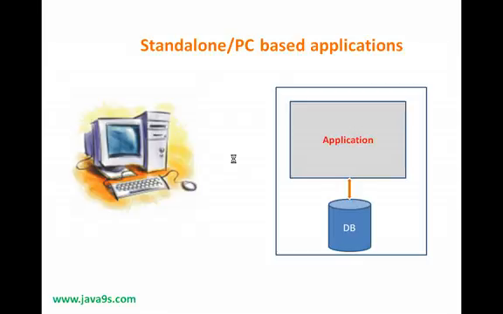But if you consider supermarkets or a chain of retail stores, this kind of standalone application will not help. They need to be connected to a central server to transfer information about the inventory and the sales that have happened in a day. The server might in turn look at the inventory and place orders with the distributors to procure the goods and send them back to the retail stores.